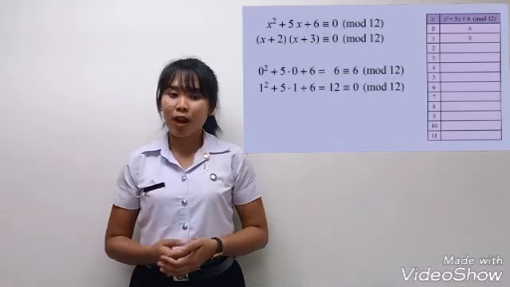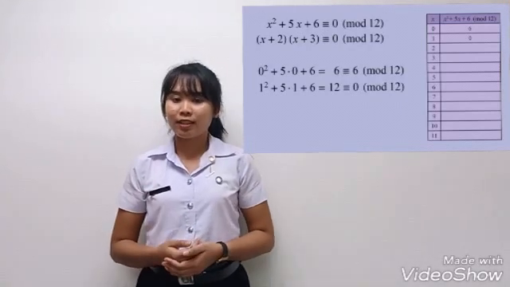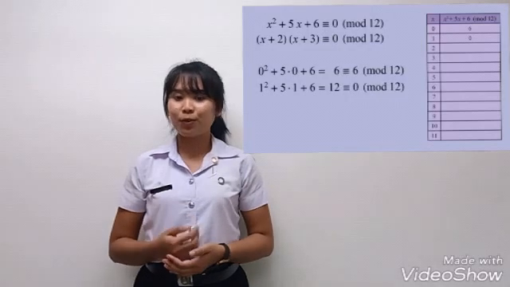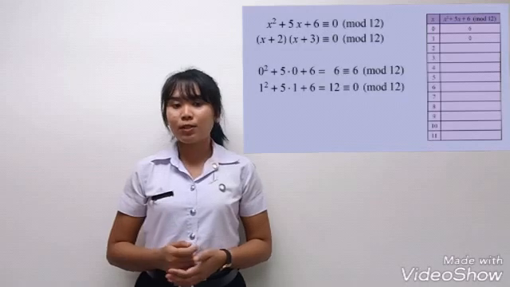If you plug in 0, you get 6. So x equal to 0 is not a solution. If you plug in 1, you get 12, which is congruent to 0 mod 12. So 1 is a solution.